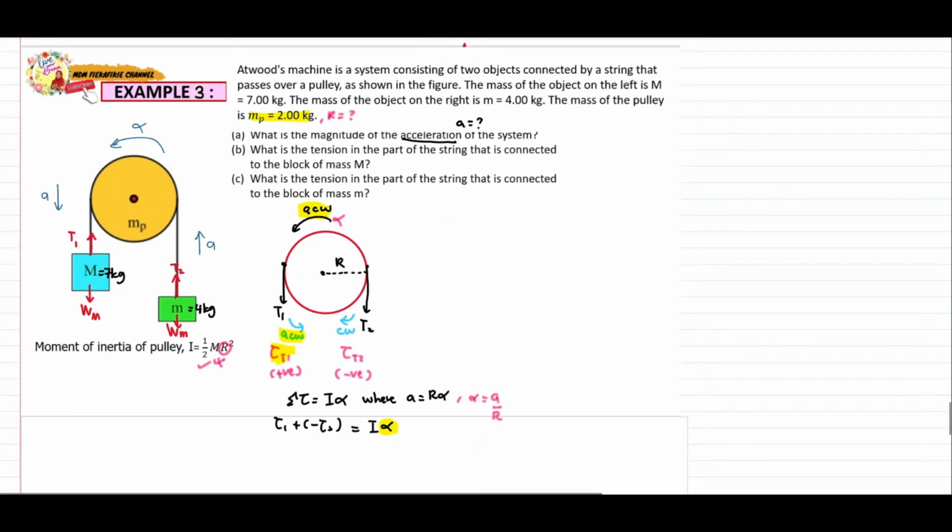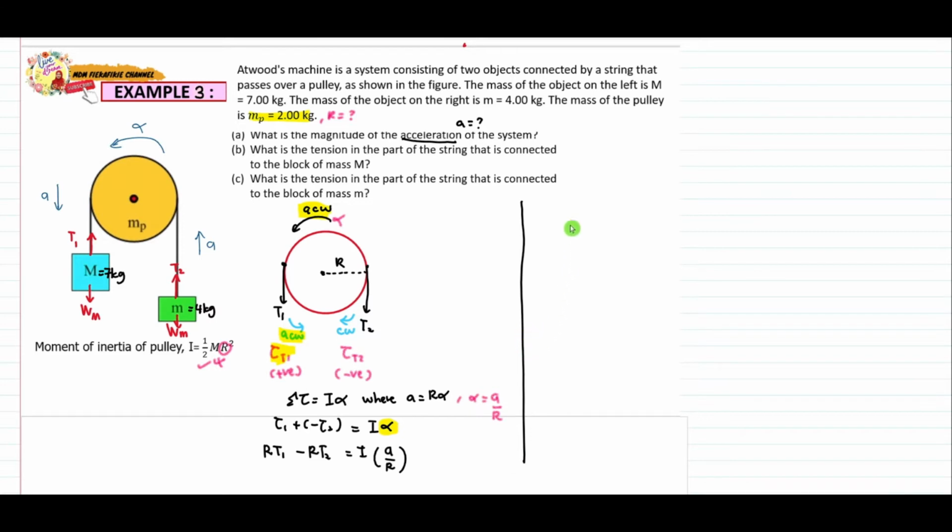Okay, so now let's substitute all the information that we have. So now torque 1 is equal to RT1 minus RT2 is equal to I alpha is equal to I times A over R. Okay, so we cannot solve for this one. But let's try to simplify the equation.